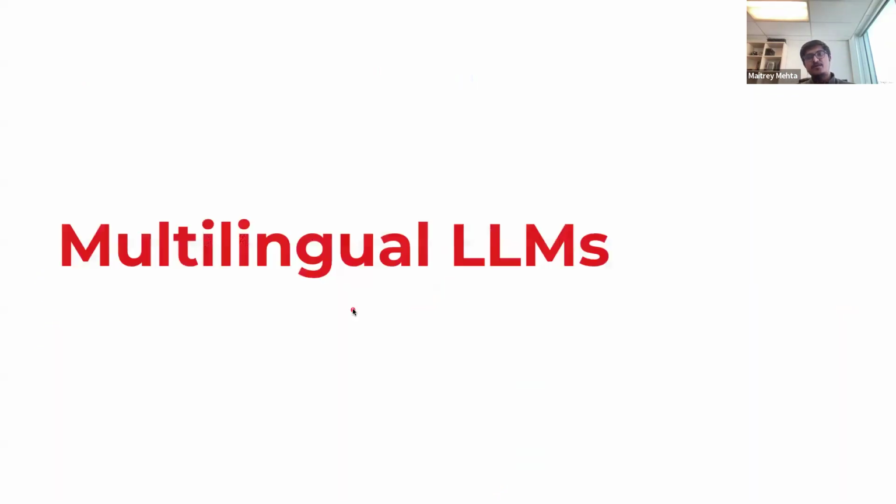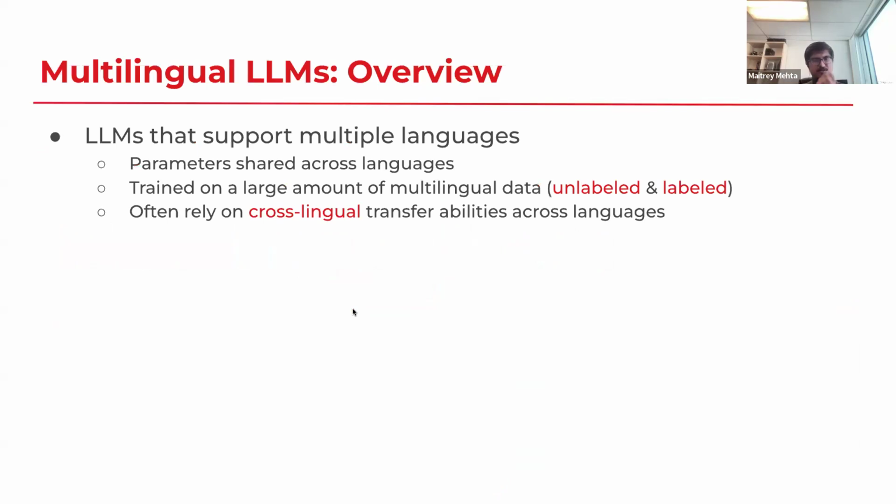Okay, amazing. So now I'll formally define what multilingual LLMs are. The one-line summary is that these are LLMs that support multiple languages, right? Crucially, architecturally, all the weights in this model are shared across languages. So there is not a certain circuit of networks dedicated to a certain language. There might be, but it is not explicitly engineered to be that way, right?